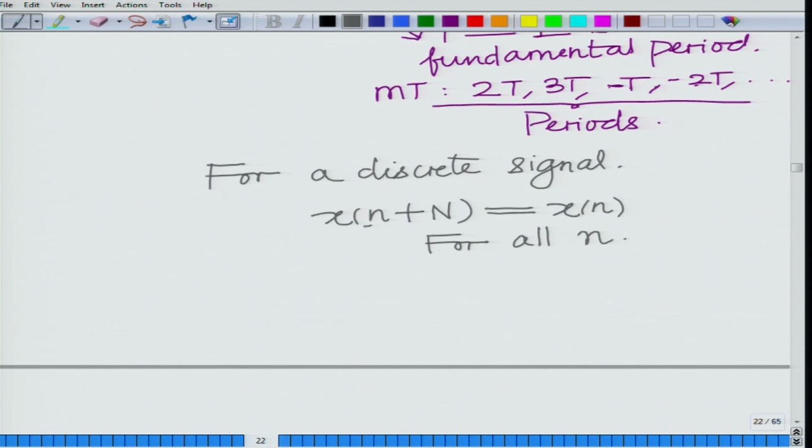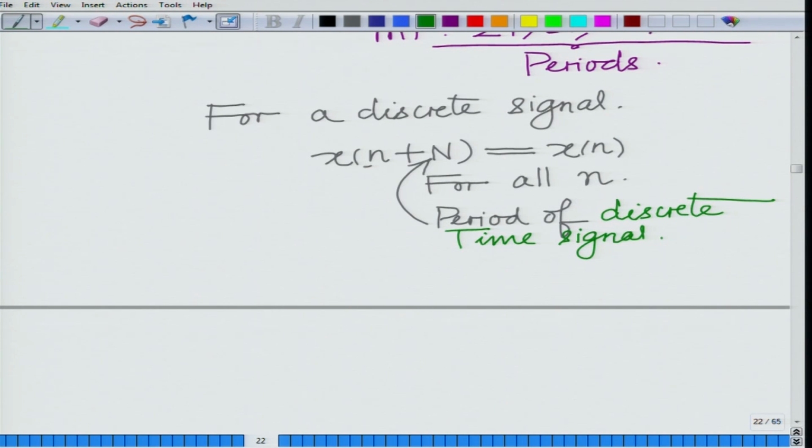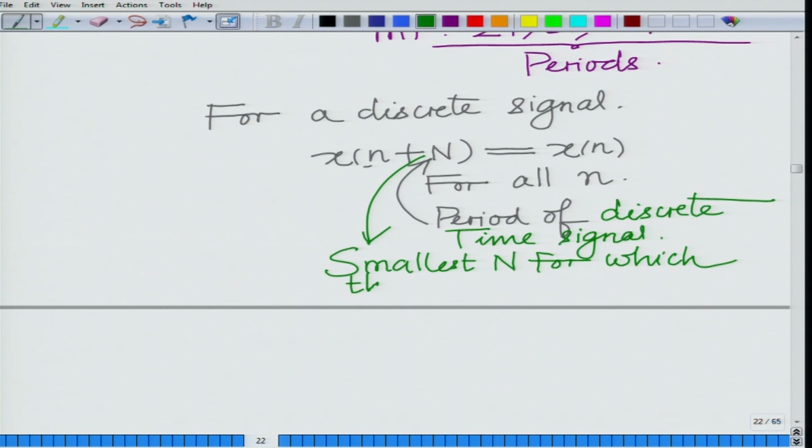This is known as the period of the discrete time signal, and the smallest N for which this holds is known as the fundamental period, capital N naught.